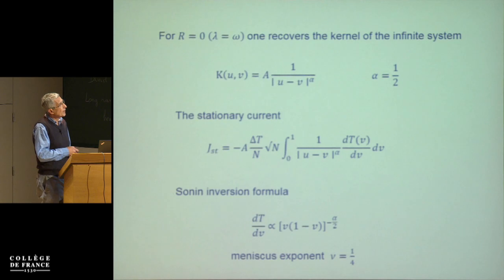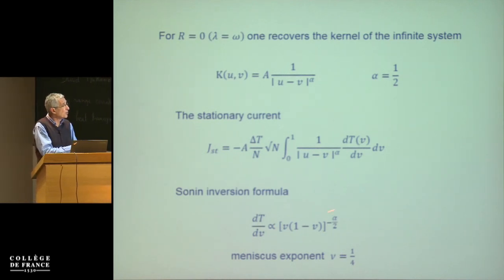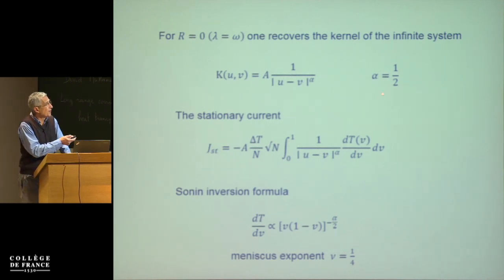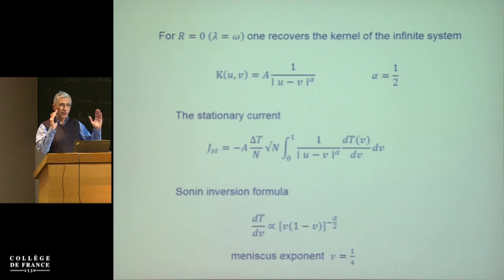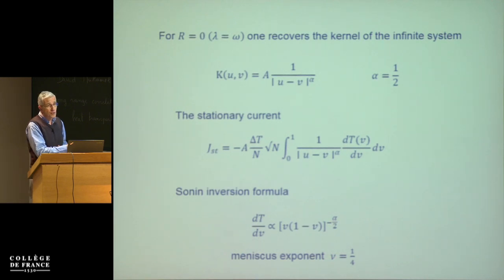You have to invert this relationship, and this is a constant. This relationship gives you dt dv, as I mentioned before, is v times 1 minus v to the power minus alpha over 2, which in this case, since alpha is equal to a half, gives a divergence of the temperature gradient with exponent 1/4. Alpha over 2 is a quarter, and you get the quarter that I mentioned before.